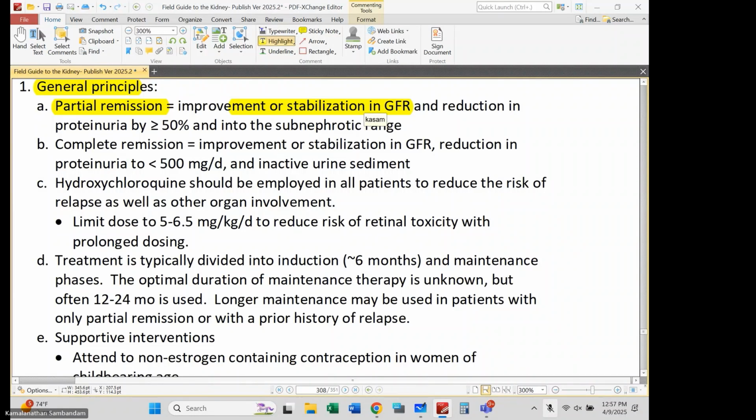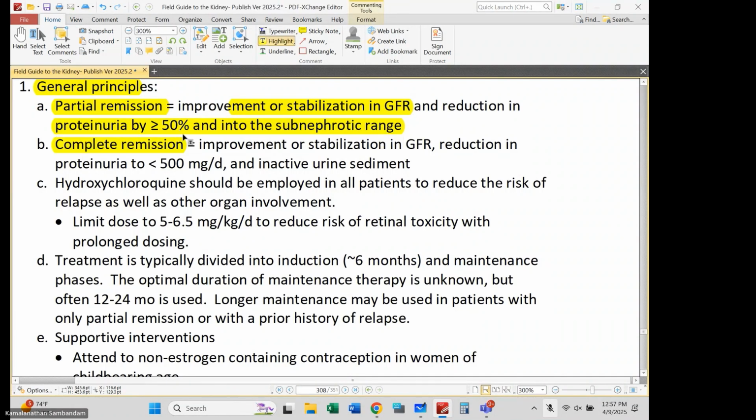But proteinuria reductions by 50%, as well as achieving subnephrotic proteinuria, would be usual definitions of partial remission. So again, going from 10 grams to 4 grams meets the 50% criteria, but does not meet the second, getting them subnephrotic.